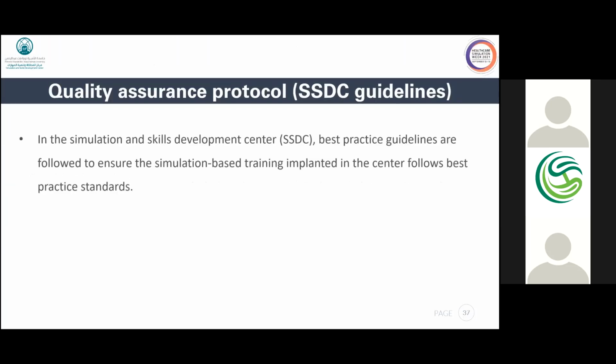So this concludes the part regarding the elements of the scenario. So how will you ensure that all those steps are implemented and done? What we did in our center is that all of those elements were studied, and a quality assurance protocol was designed to ensure that all those steps can be implemented.